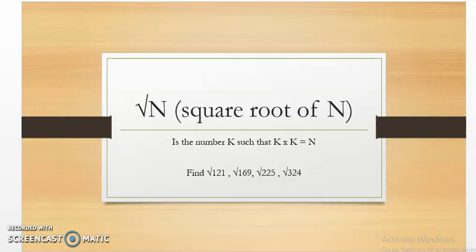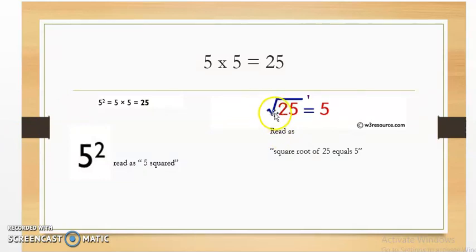Okay, so square root of some number capital N is the number k such that k into k is capital N. Just like we saw, the square root of the number 25 is the number 5 because 5 into 5 is 25.